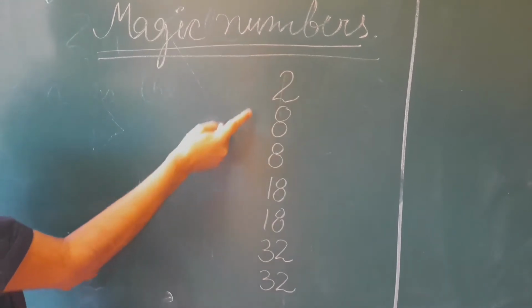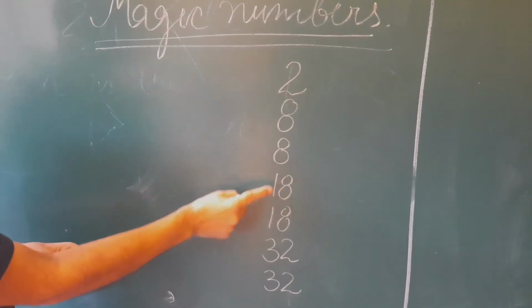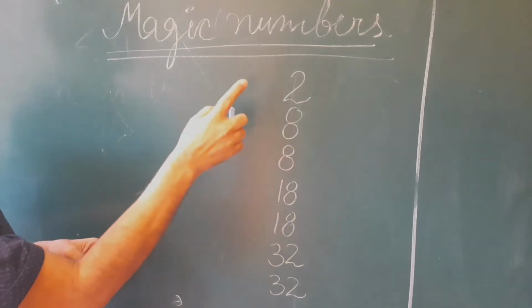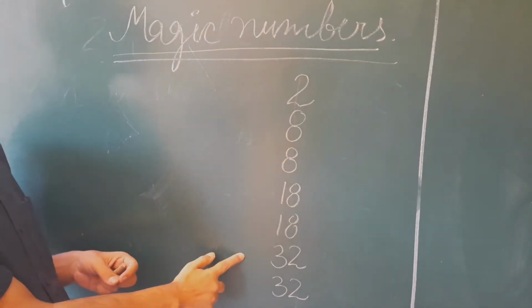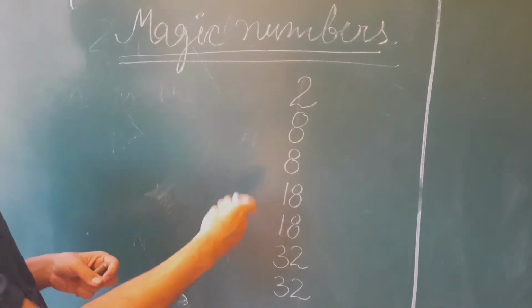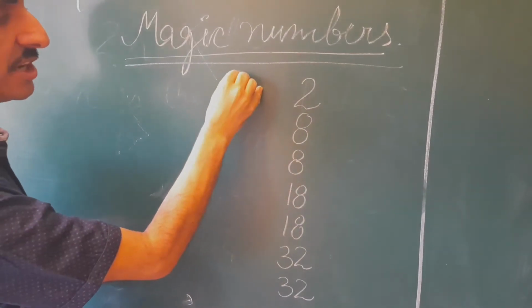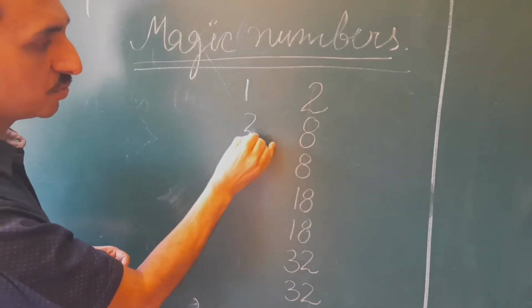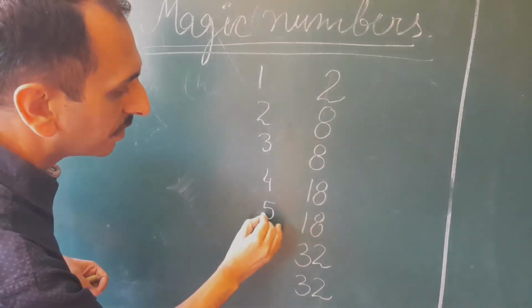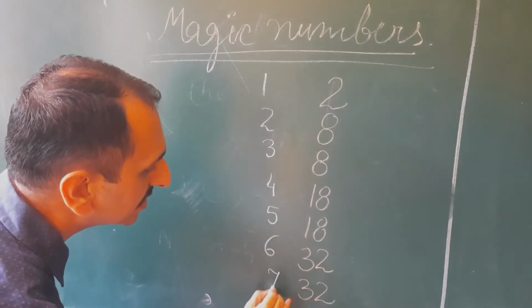We can understand this concept with the help of magic numbers. Magic numbers are 2, 8, 8, 18, 18, 32, 32. This will help us to find out the number of elements in the given periods. As we know, there are 7 periods. We will write here the period numbers 1, 2, 3, 4, 5, 6, 7.